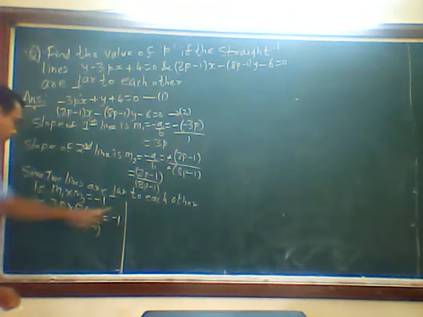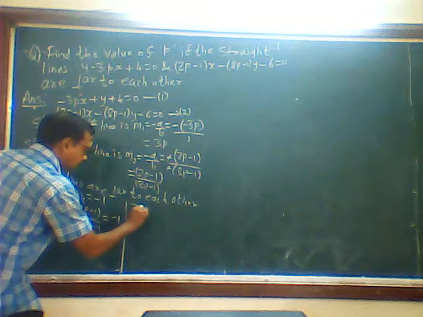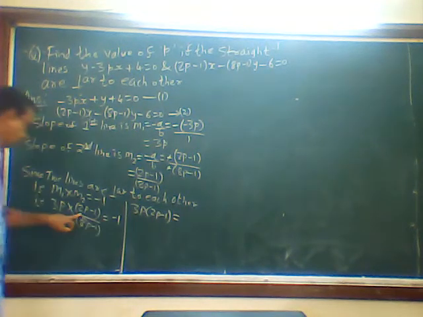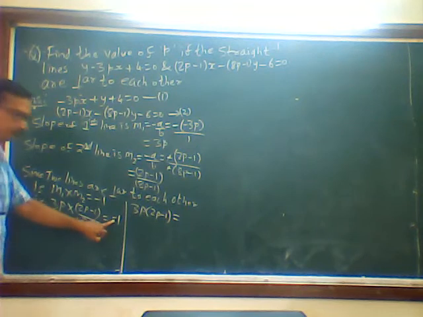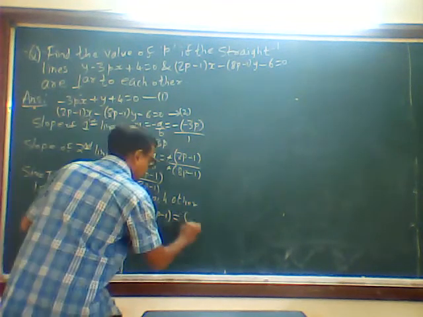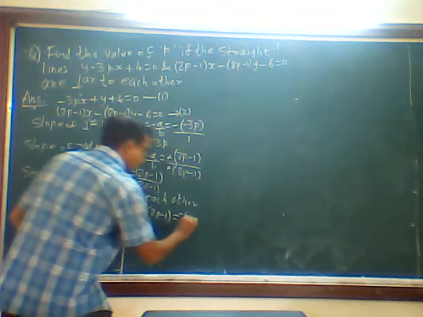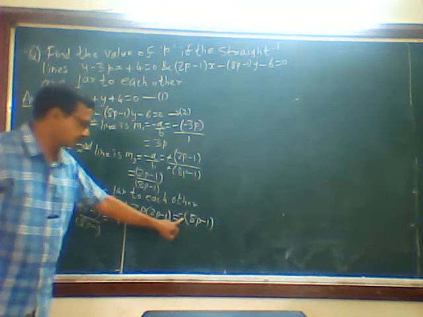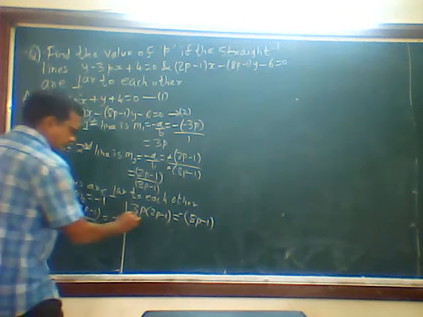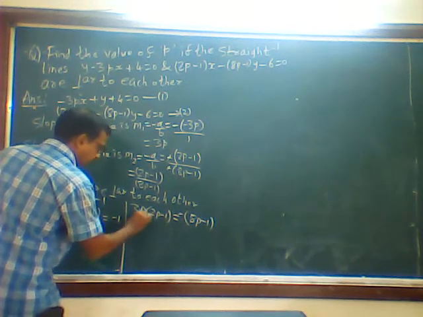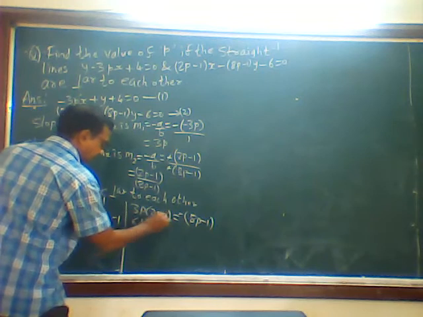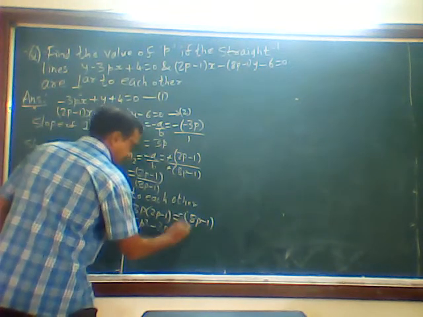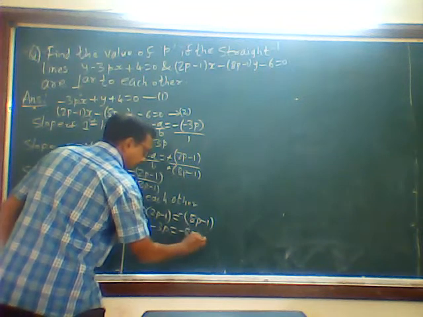Next I will continue here. I will write this 3p as it is into bracket 2p minus 1. This 8p minus 1 is cross multiplied, minus 8p minus 1 into minus 1. Now I multiply 3 into 2, 6p into p, square. 3p into minus 3 is equal to minus into 8p, minus into minus plus 1.